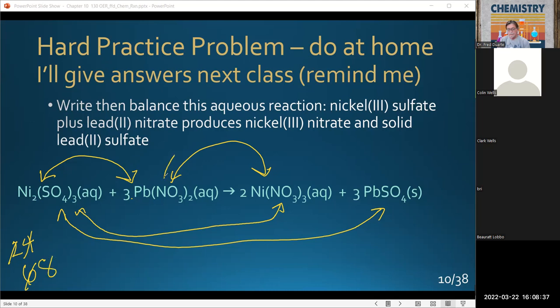And then the lead nitrate to the lead sulfate, which guess what? Gives you 2 more. So you got 10 ratios that you can write. And then finally, the relationship between the nickel nitrate and the lead sulfate, and that's 2 more.